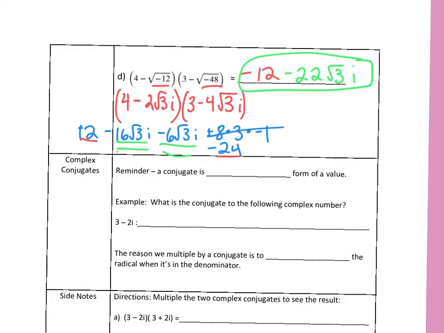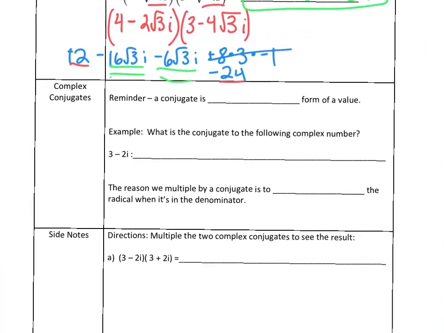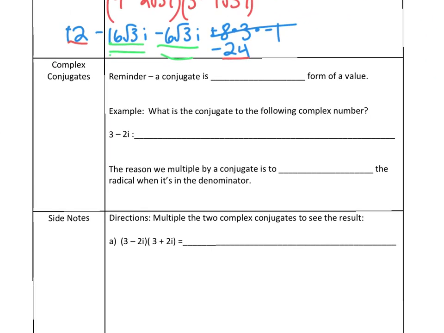Well, let's keep going. So reminder, a conjugate is just the opposite form of a value. Okay, so a conjugate is just changing the sign in the middle. So 3 minus 2i would just be 3 plus 2i for the conjugate.